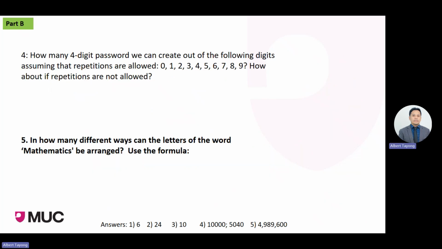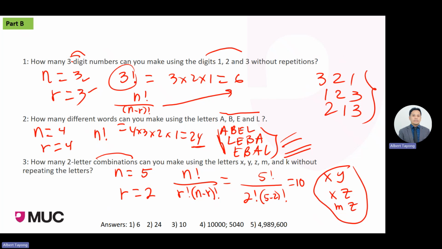How many 4-digit passwords can we create out of the following digits, assuming that repetitions are allowed? And how about if repetitions are not allowed? If repetitions are allowed, this talks about password. So password is permutation. In the beginning, you have to identify first whether it is a permutation or combination, unless otherwise mentioned like number 1, 2, and 3.